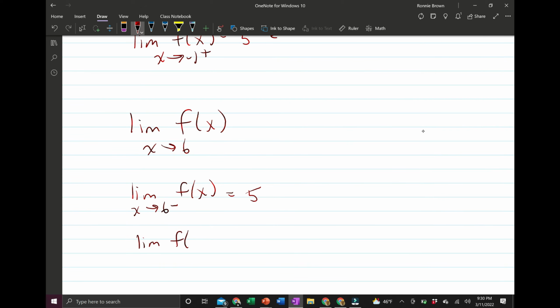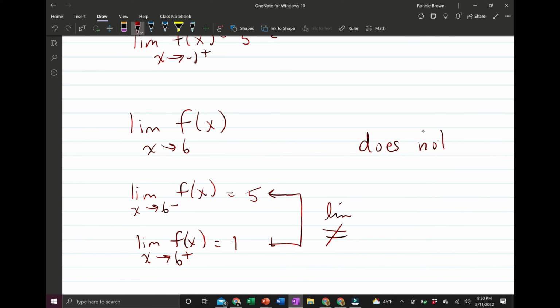And the limit of f of x as x approaches 6 from the right, you see that going from the right hand side, it approaches 1. So you look at those two, right? They are not equal. So the limit does not exist. It does not exist.